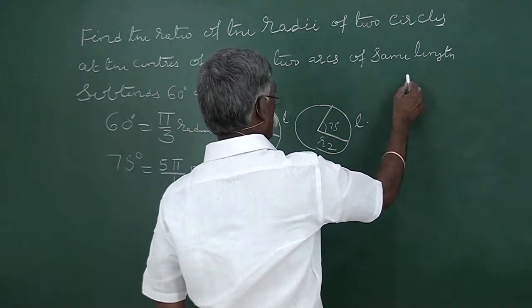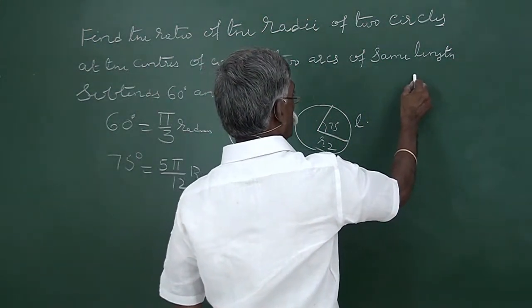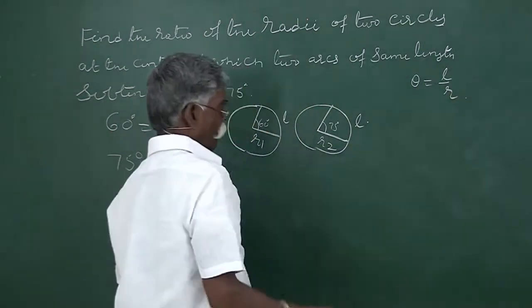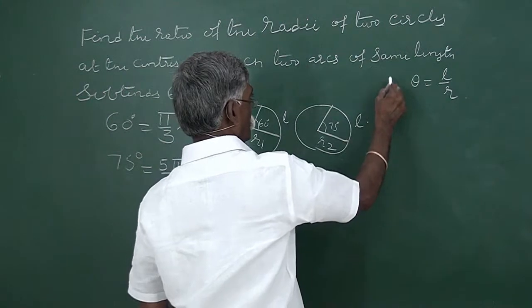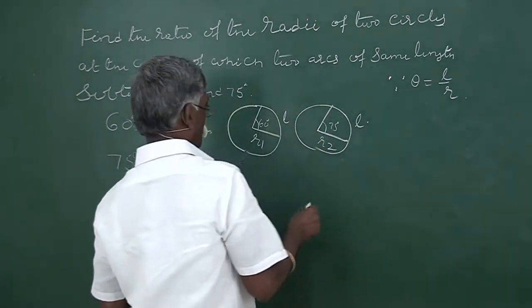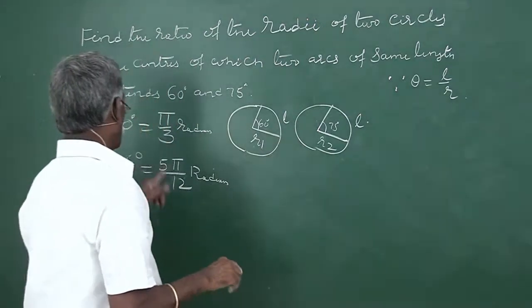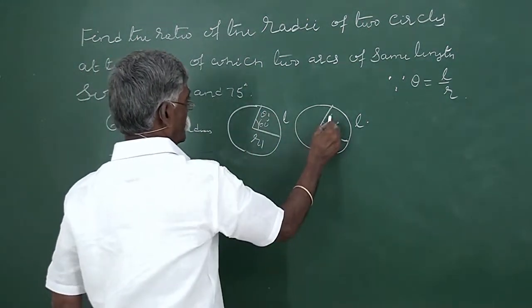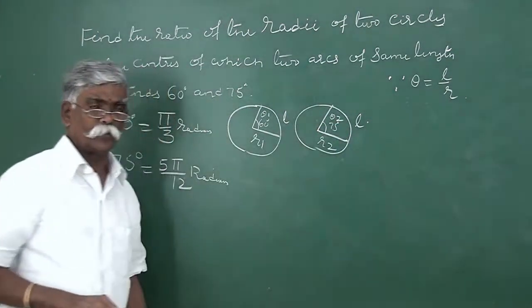Basically theta is equal to L by R. So therefore, since theta is equal to L by R, let us make this as theta 1 and this as theta 2.